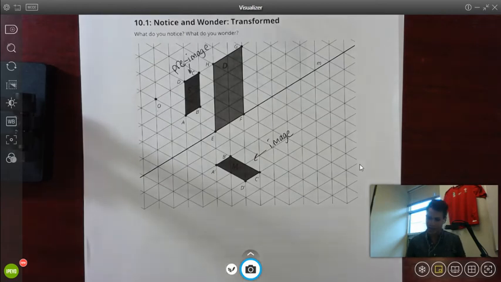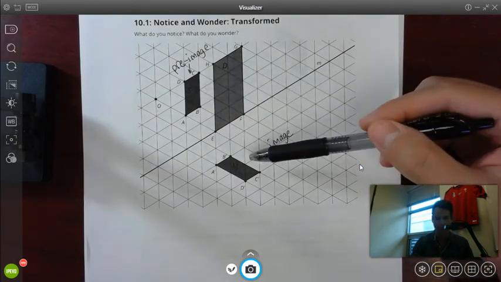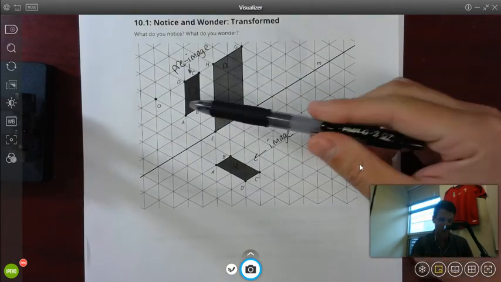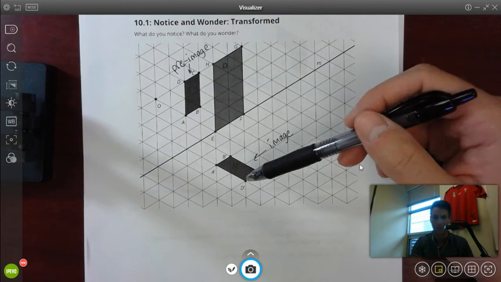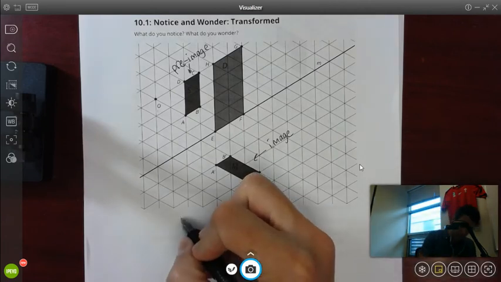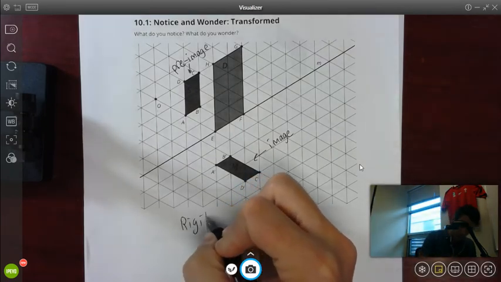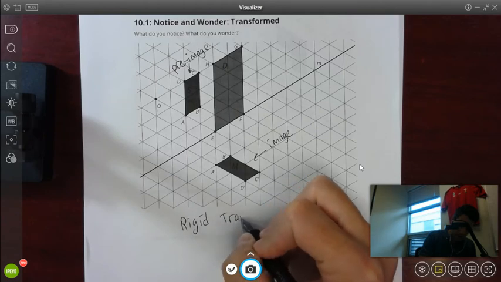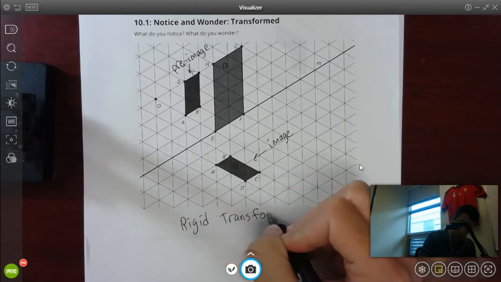We can define a rigid transformation by saying that this has moved down here, but the size of all the sides of the shape and the angles at the corners are all exactly the same and haven't changed at all. So these are known as rigid transformations, when nothing changes about the shape other than where it is located.